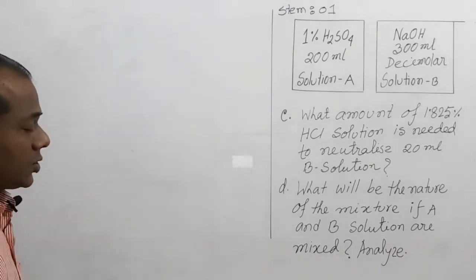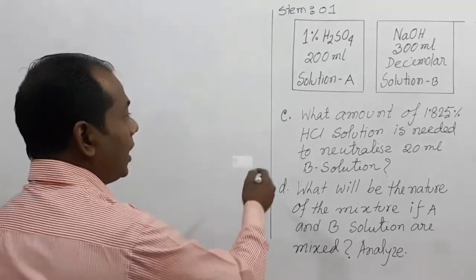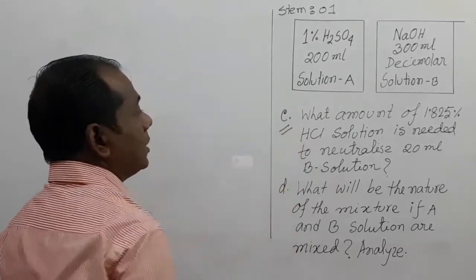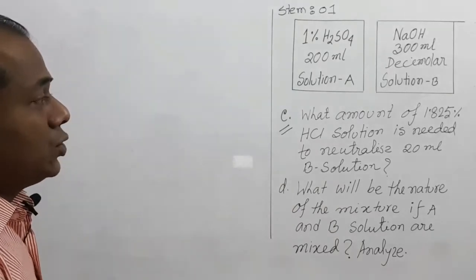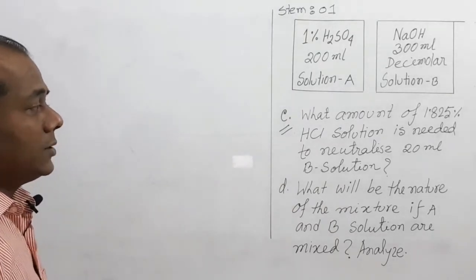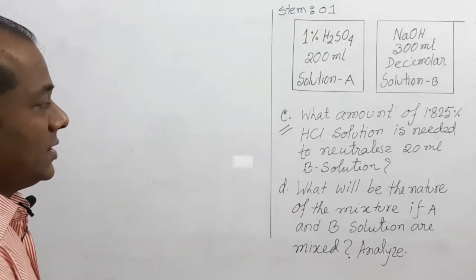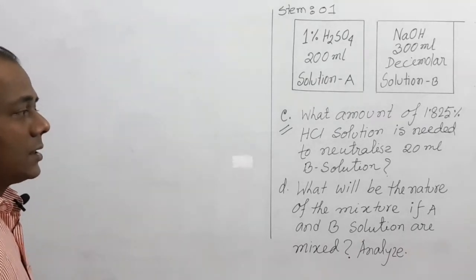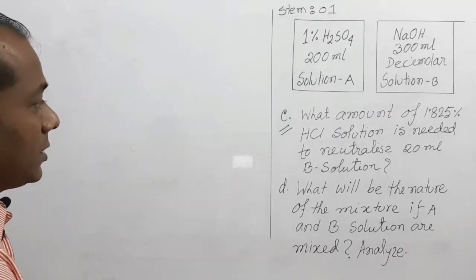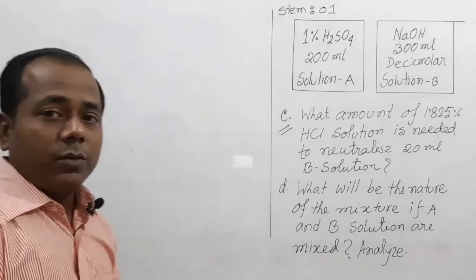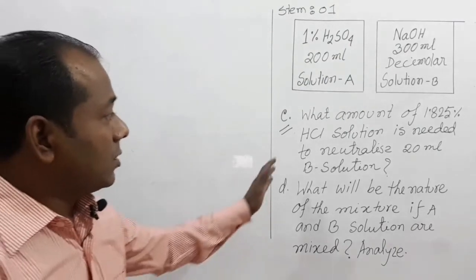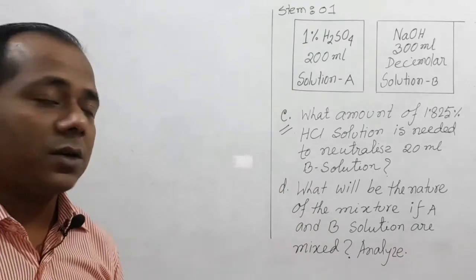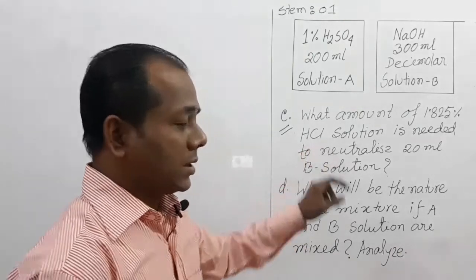So our first question is: what amount of 1.825% hydrochloric acid solution is needed to neutralize 20 ml of B solution? To solve this question, at first we have to know the concentration of hydrochloric acid.